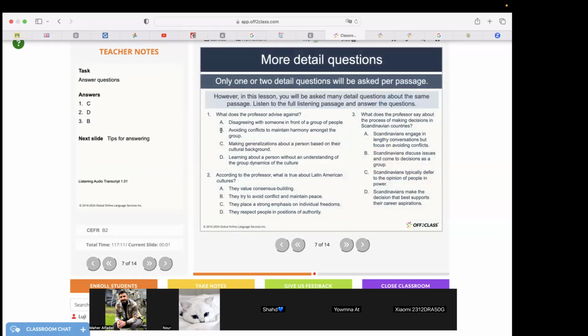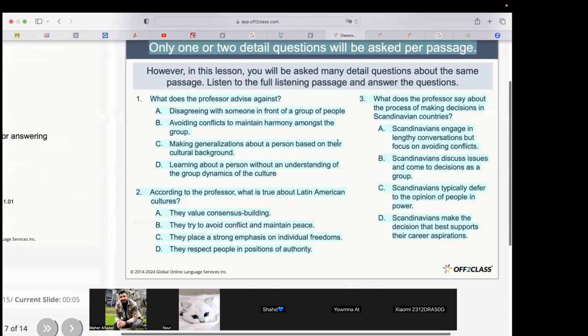So which from here are contradicting? From number 1, which ones from here are contradicting the question? The first one. The second one, which of these options are contradicting the question, that are misleading? What do you guys think?